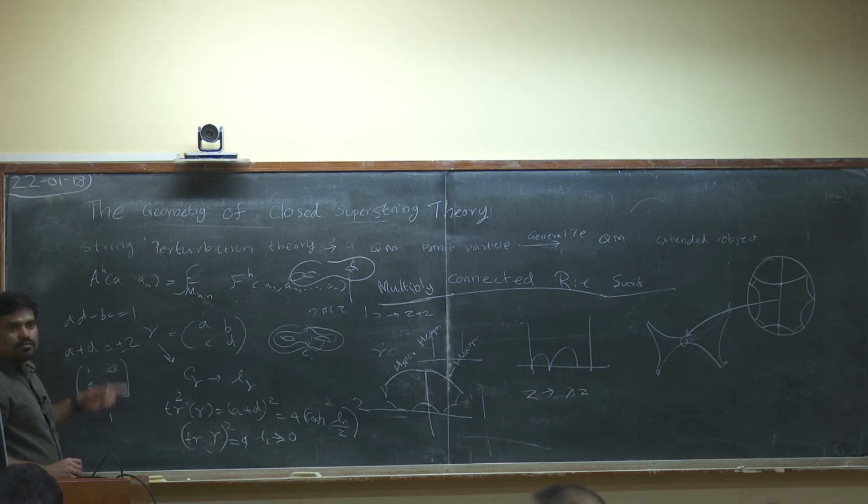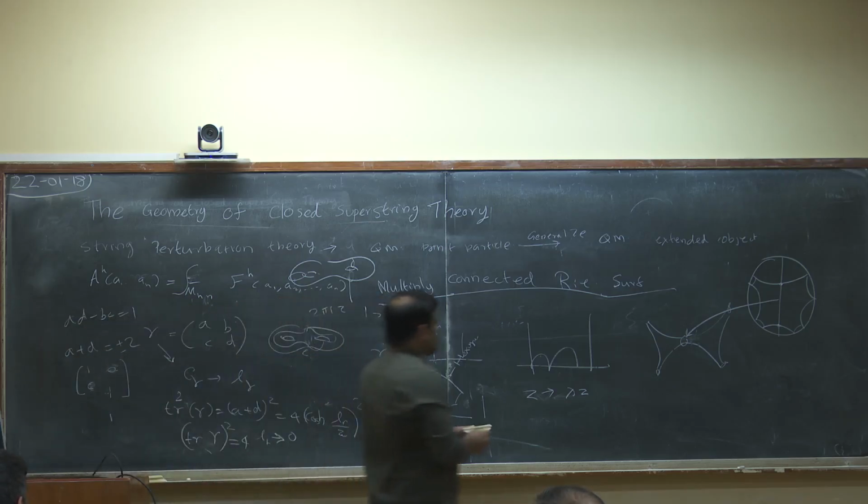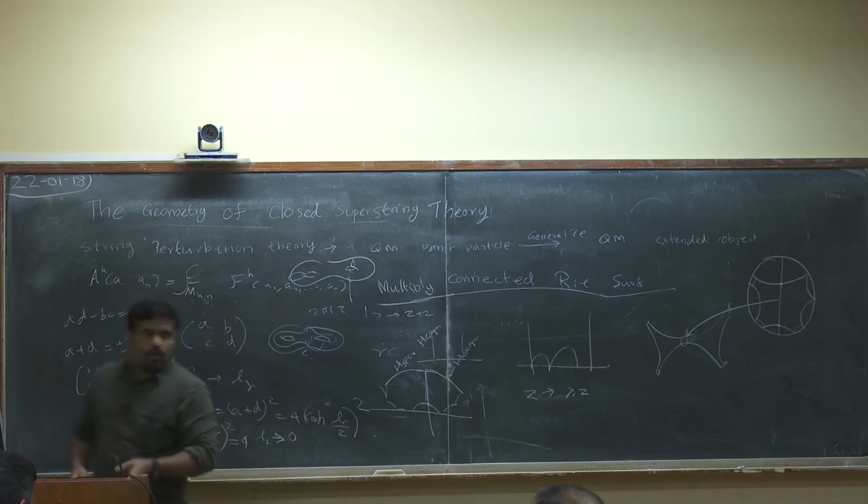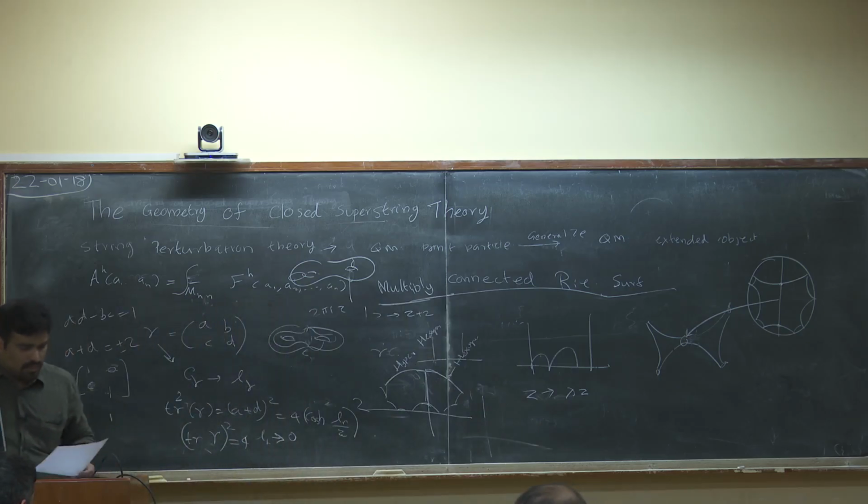So a puncture looks like 1, 0, C, 1, or a different representation.